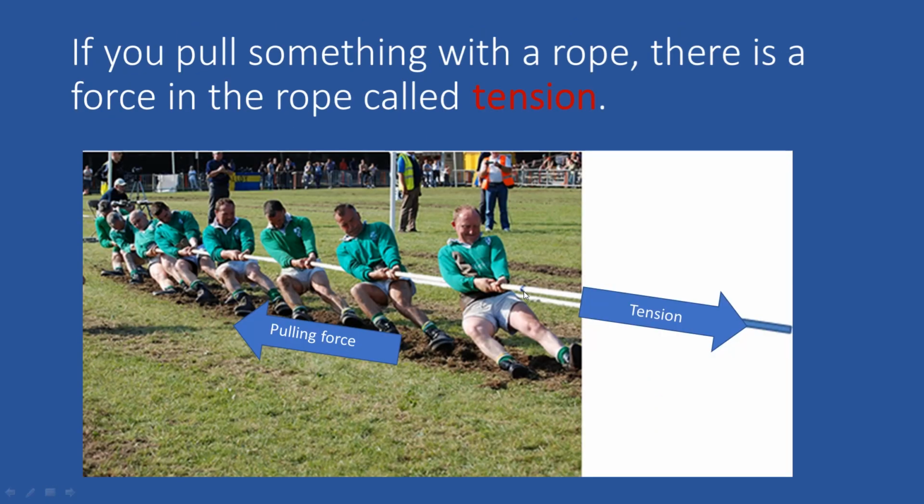Now the tension. How do we know that there is tension? What is the tension force? First of all, if you pull something with a rope, string, or wire, there is a force in the rope called tension. It's the force done by the rope on the object.